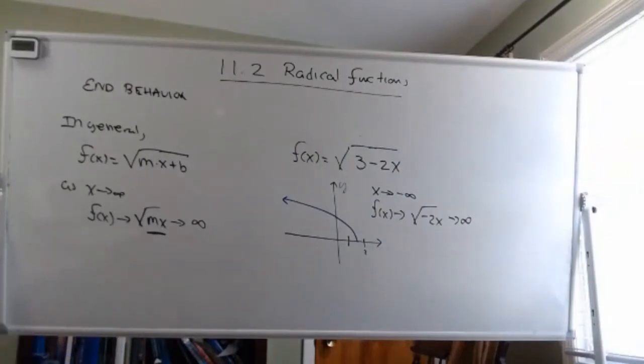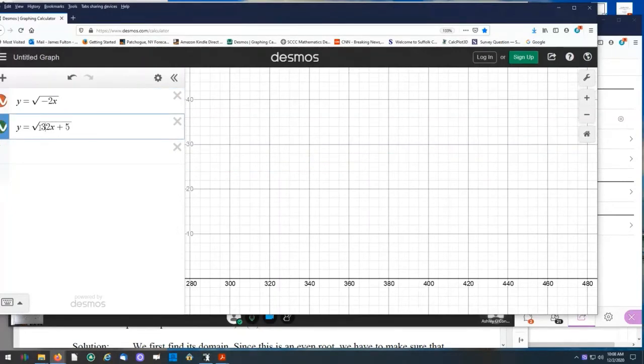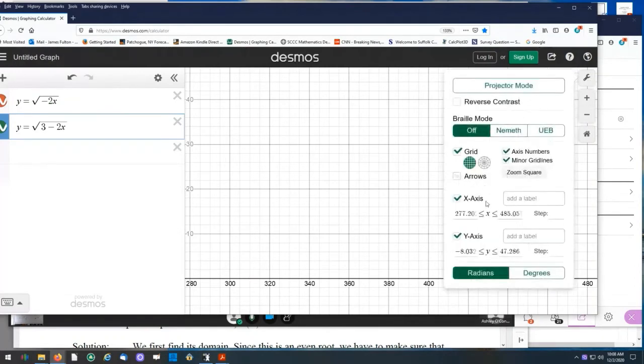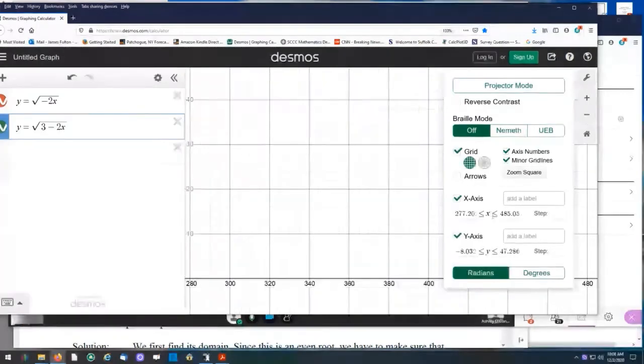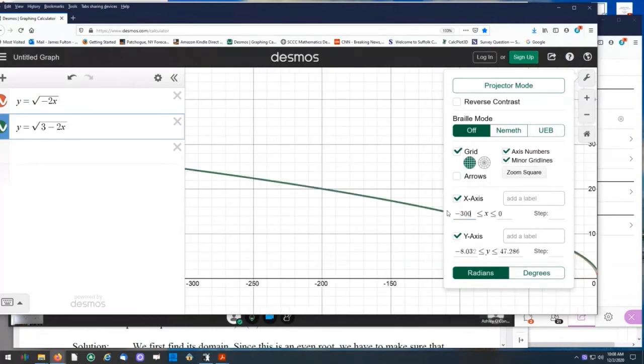Let's just show that again just so you can see what I'm talking about here to clarify that. So over here, I have my 3, well, I'll put a minus 2x over here, and then I'll put my 3 minus 2x. Now, this side, I don't have anything because it's going on the other side. So what do I have to do? I have to change this around. And we can let this go from, say, 0 to negative 300 or something like that.